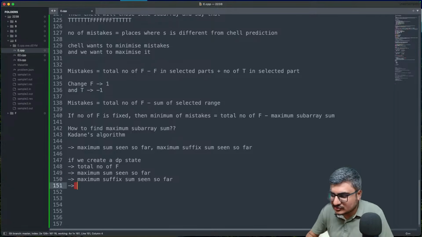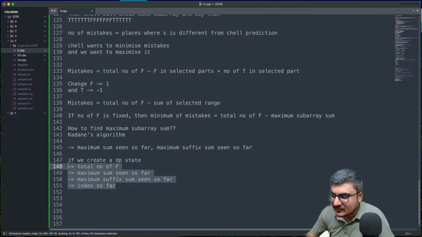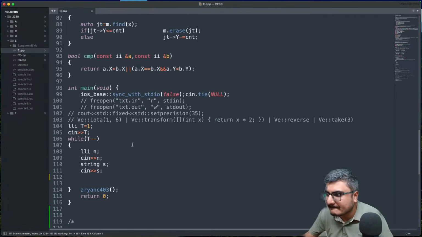And I need to also keep an index i, and I have to keep incrementing one more element over there. So these four DP states, overall it would be n to the power 4 or something. Let's implement this first and then we will make it n cube.